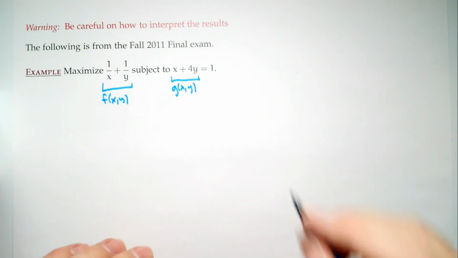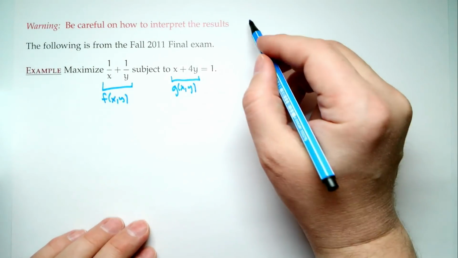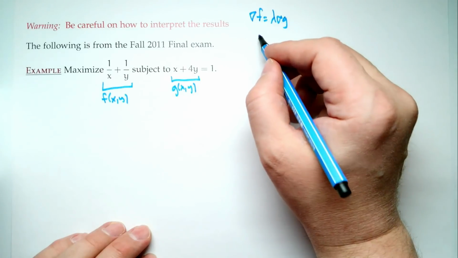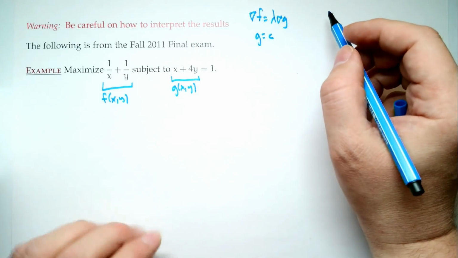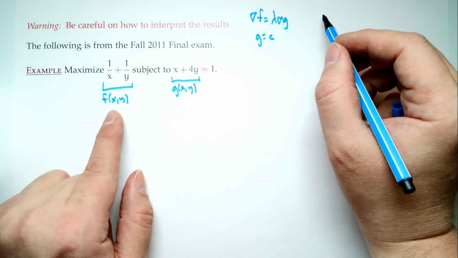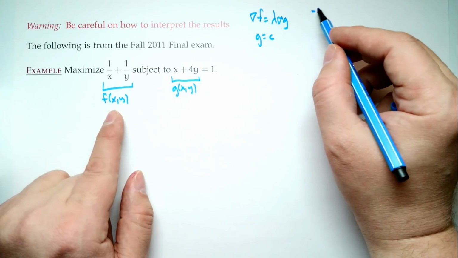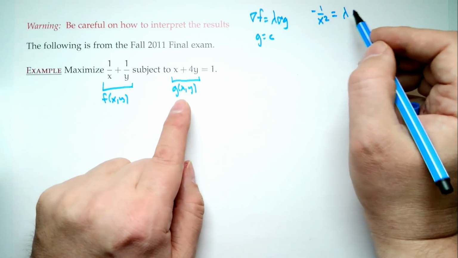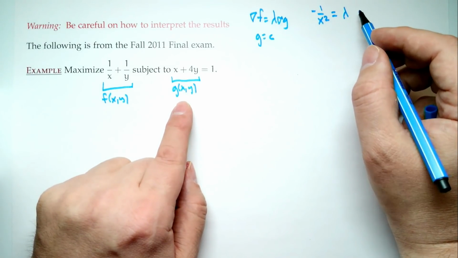So we set up our system of equations. Gradient of f equals lambda gradient g, and of course g equals c. So what is partial f partial x? Negative 1 over x squared is equal to lambda partial g partial x.